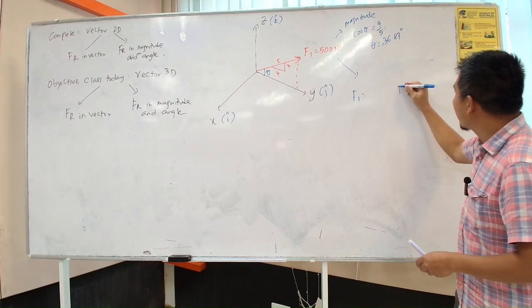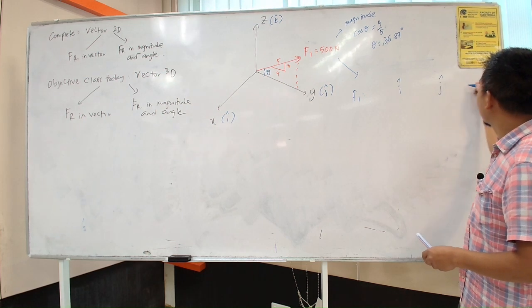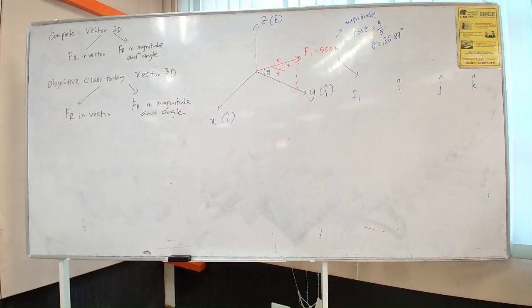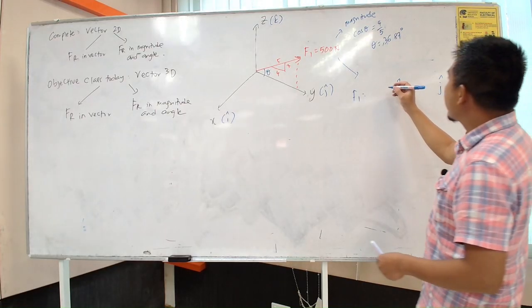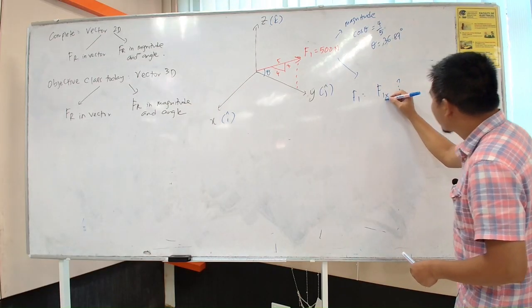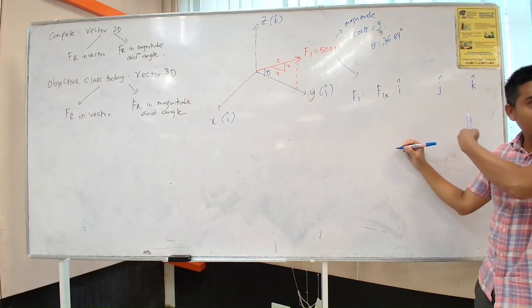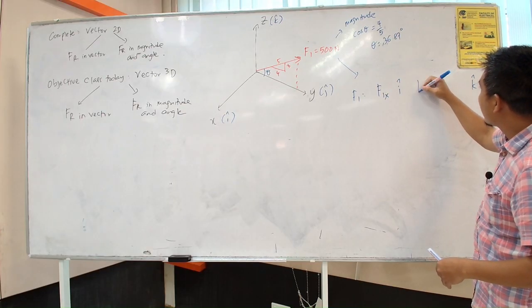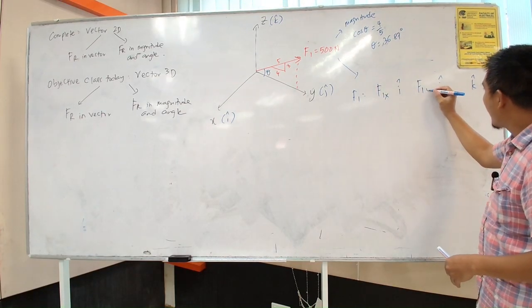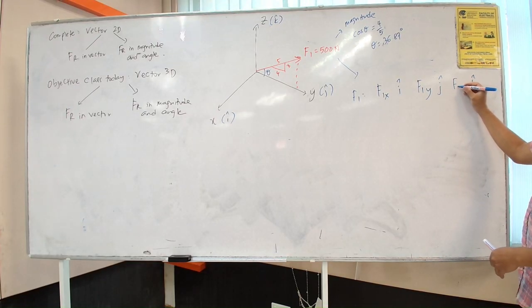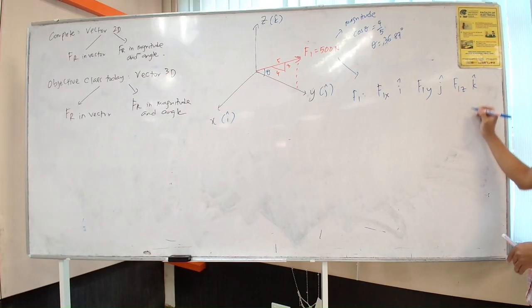F1 in I direction, in J direction, and in K direction. Normally, I will name the I direction as F1 in the X axis. And then J, I name as F1 in Y axis.